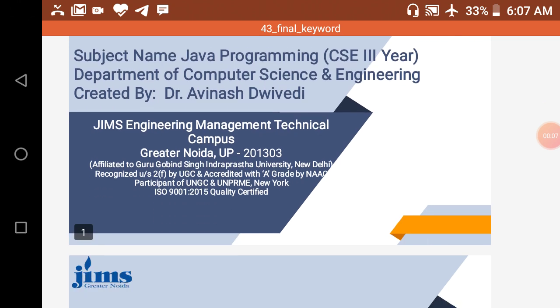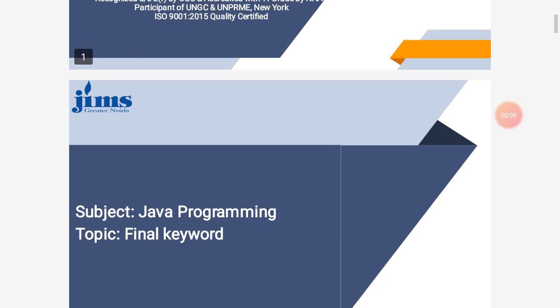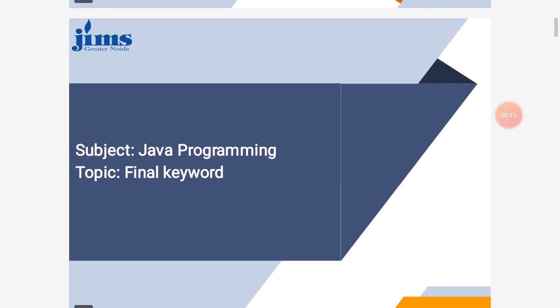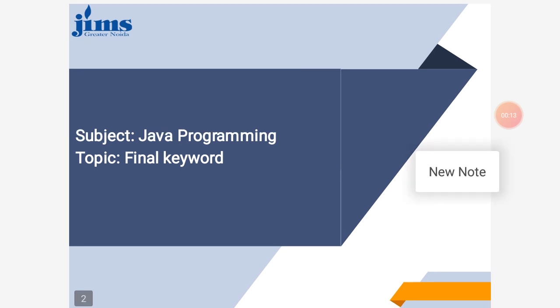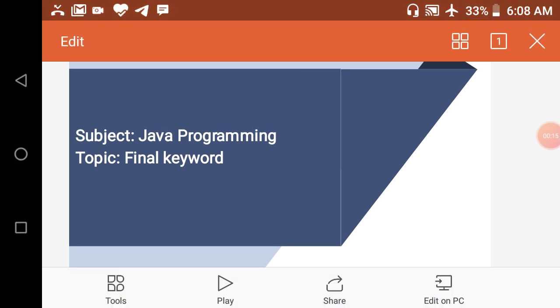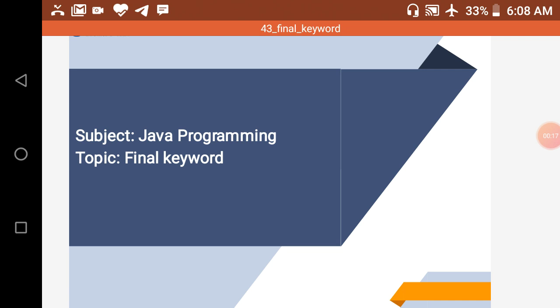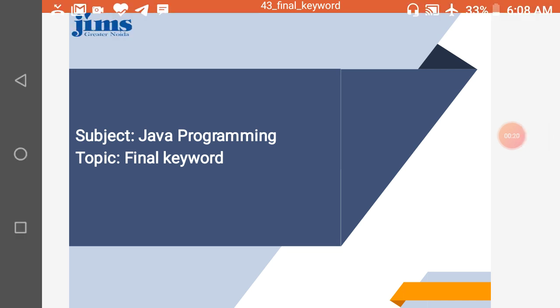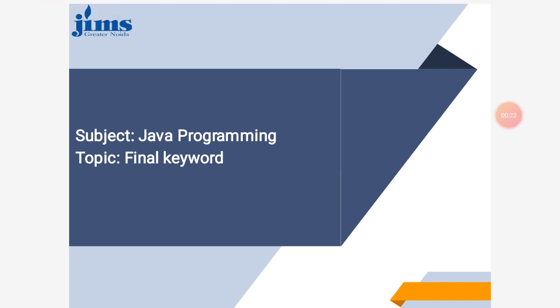Today we are going to discuss one very important topic of Java programming, use of the final keyword. The final keyword is very interesting and is basically used to give very specific results in programming.